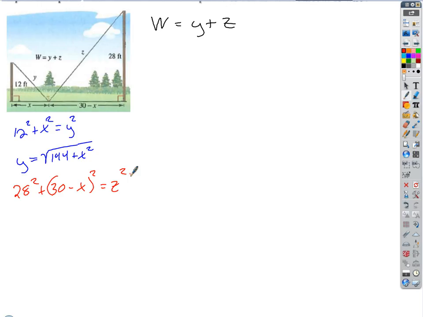So then z squared is going to equal x squared minus 60x plus 900 plus 784. So we're going to get 1684.